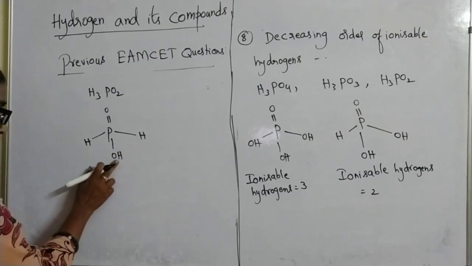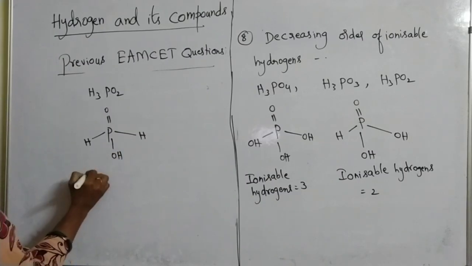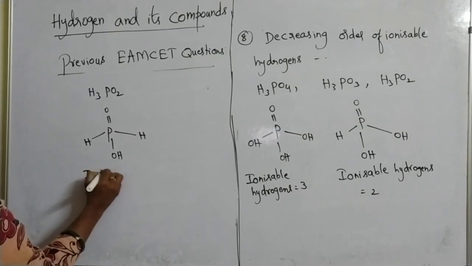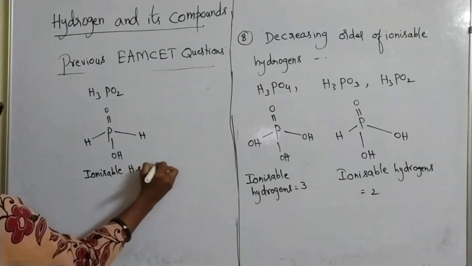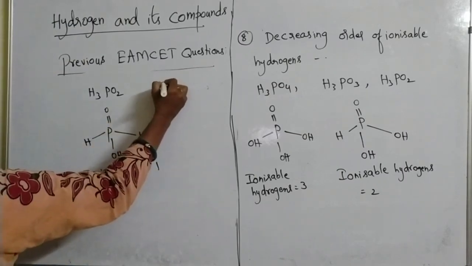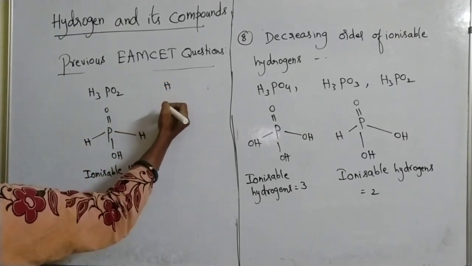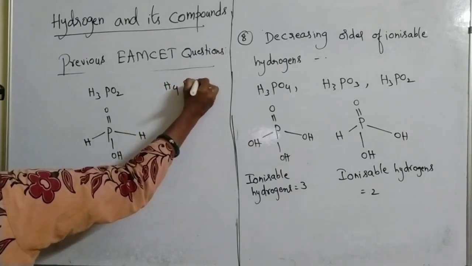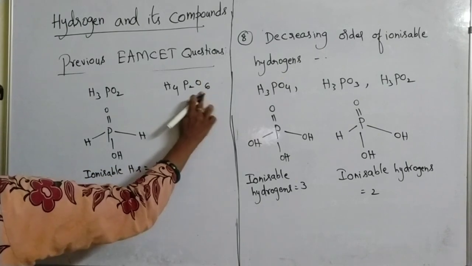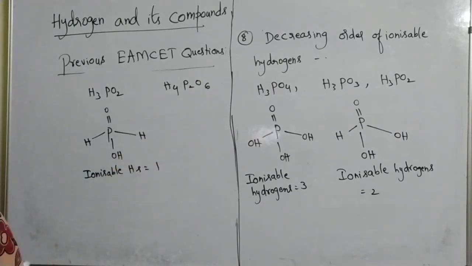So only this 1 hydrogen is replaceable, so ionizable hydrogens are only 1. And finally they gave one more, H4P2O6. That means it is like H2PO3 only.